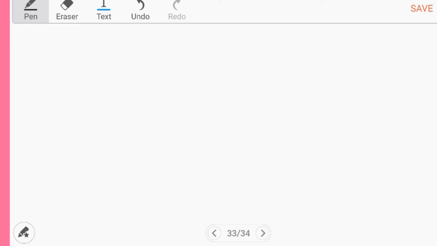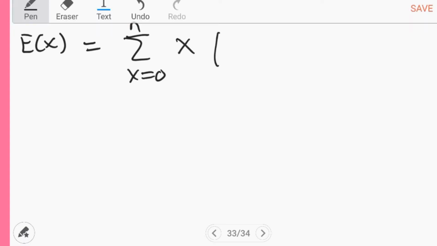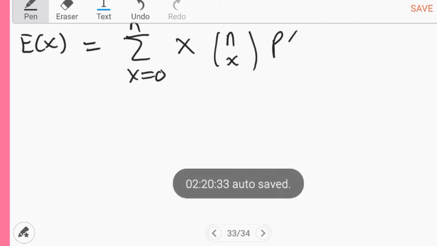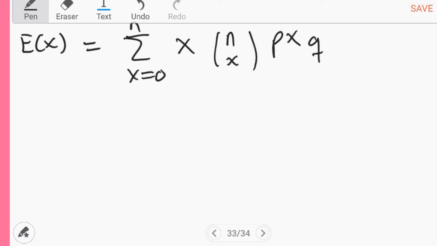Now take note that the expected value of X can be written as the sum, x running from 0 to n, of x times n choose x, p to the power x, q to the power n minus x.